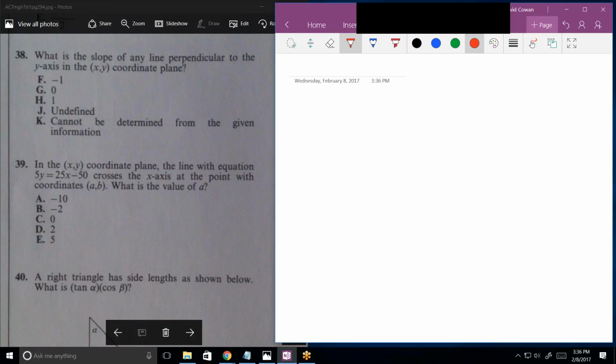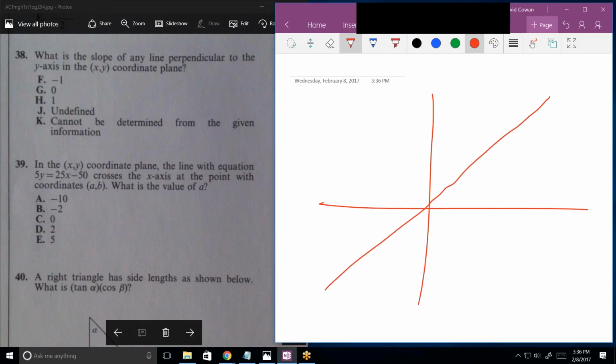Let's talk about slopes a little bit. What's the slope of this line, approximately? Slope equals 1. I go up 1 and over 1. What's the slope of this line, approximately? 1/2.